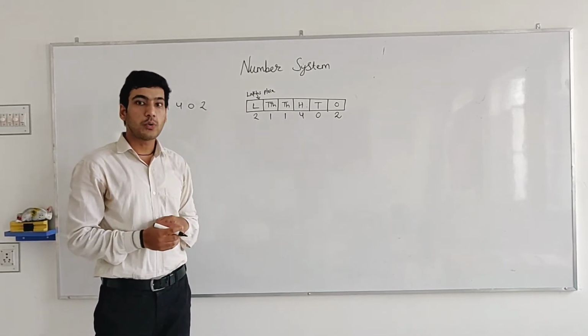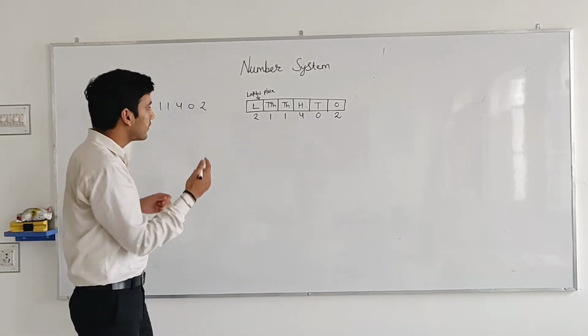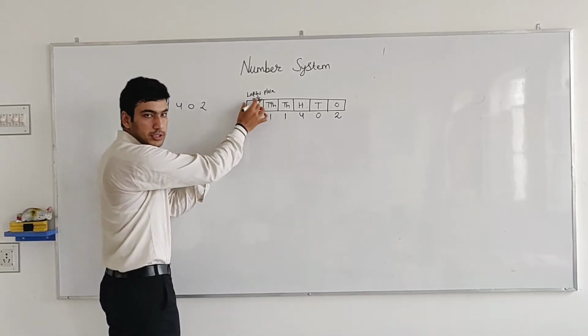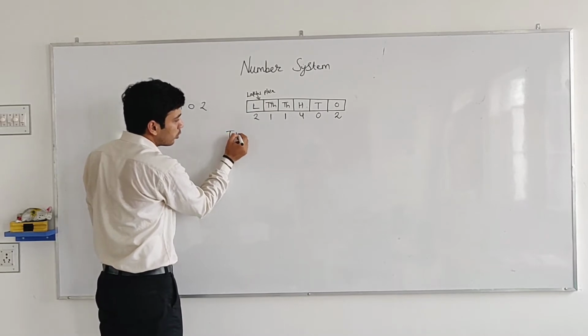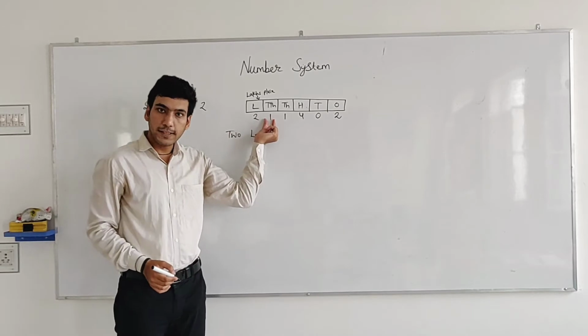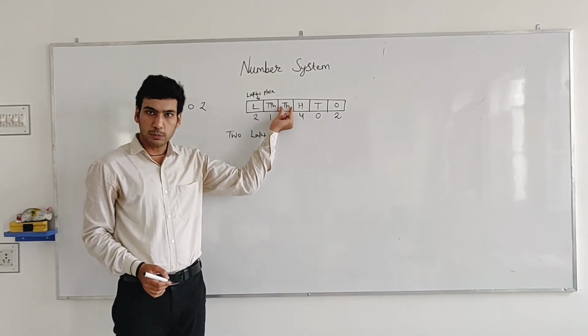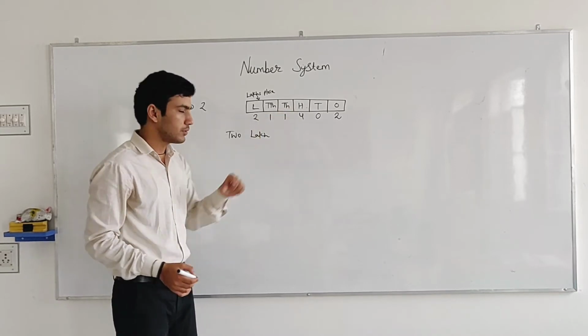Now if I want to write the number name of this number, then how I will write it? So 2 is on lakh position, so 2 lakh. Next 1 is on 10,000 position and 1 is on 1000 position, so 11,000.